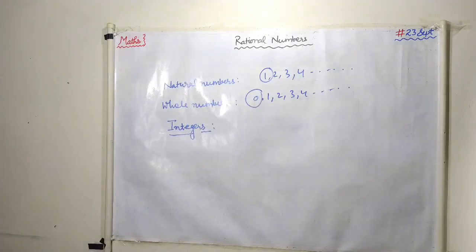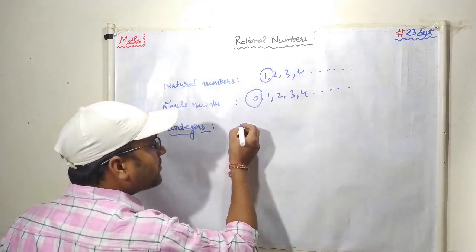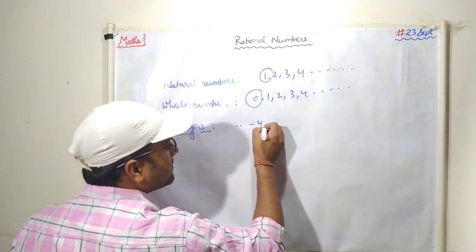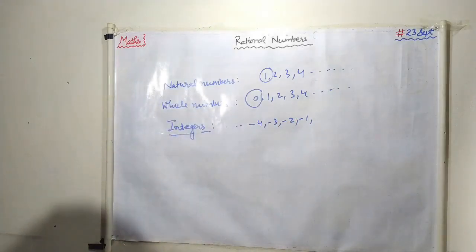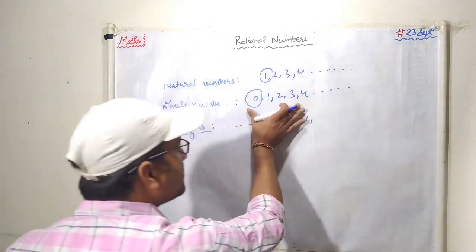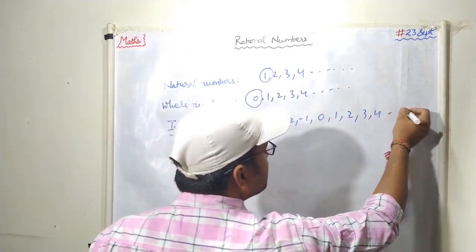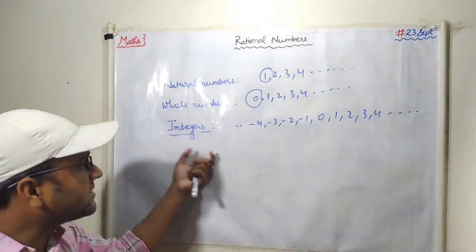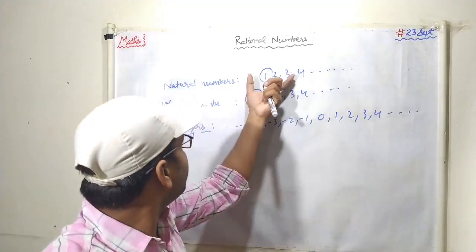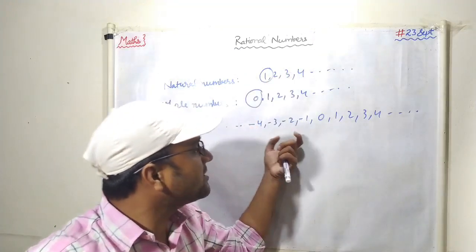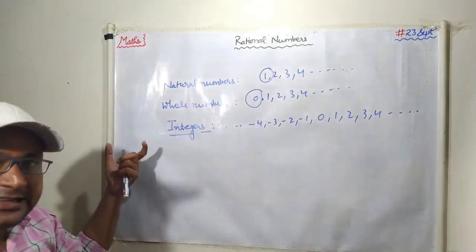The negatives of the natural numbers, such as -3, -2, -1, together with the whole numbers 0, 1, 2, 3, 4 and so on, are said to be integers.